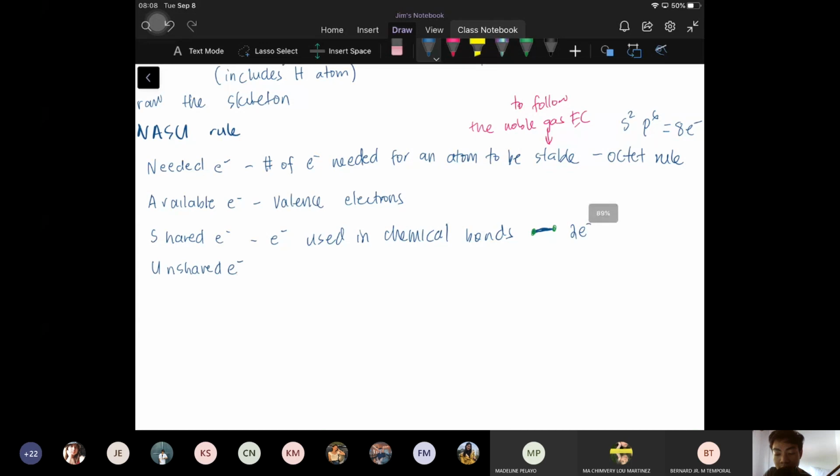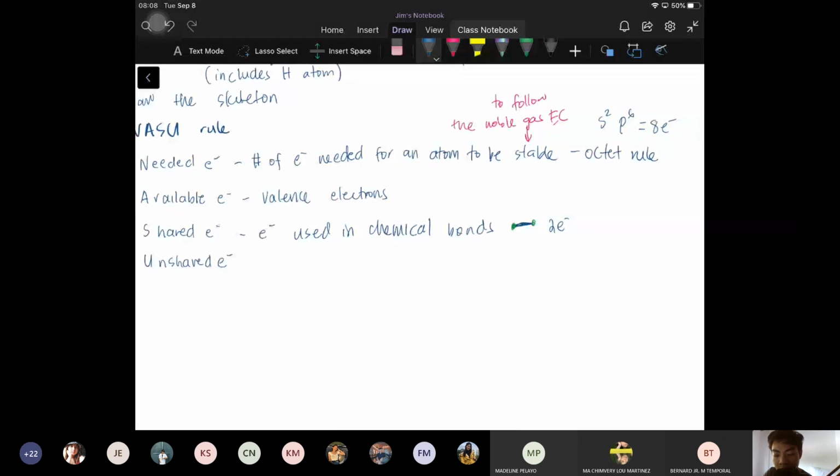Okay. Sir, how do we know the shared electrons and how many bonds can we form from that? We have a simple formula. To get the number of shared electrons, all you have to do is subtract the available electrons from the needed electrons.